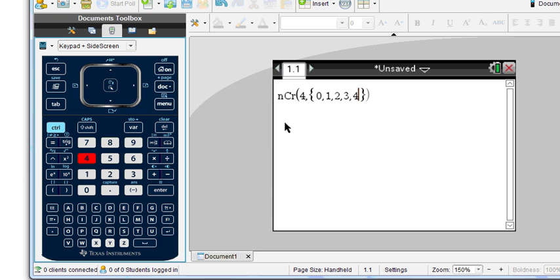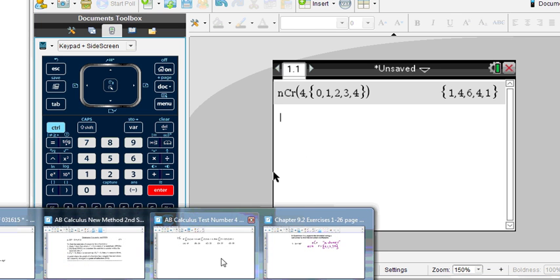The total instances of r will be one more than the value of n when you do a complete binomial expansion. We press enter, and we get 1, 4, 6, 4, 1.